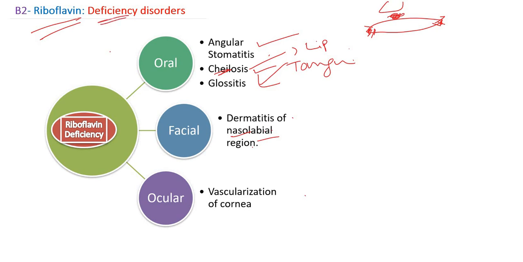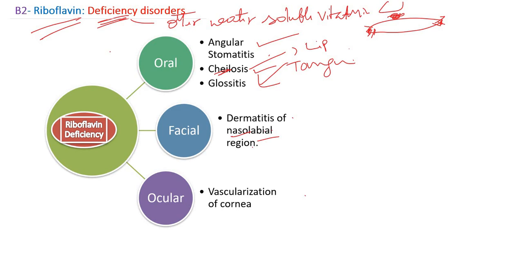Whenever there is a deficiency of riboflavin, we also see deficiency of other water-soluble vitamins, like thiamine, beriberi, niacin, pellagra. So vitamin B2 deficiency is very rare because it is very much abundant in whatever natural food we are consuming.